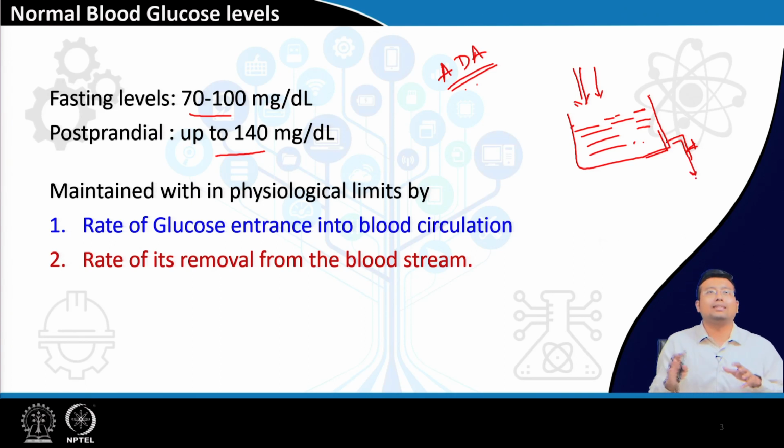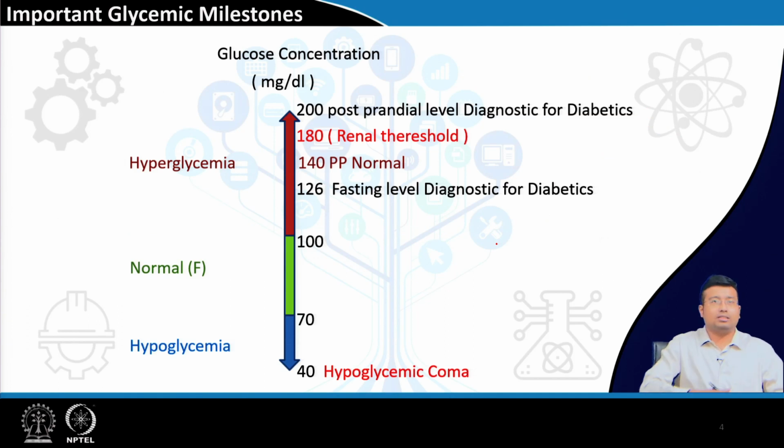So, if these two rates are the same, then the level of water will be the same. The same analogy can be expressed in terms of glucose concentration. The rate of entrance of glucose into the blood circulation and the rate of removal of glucose from the bloodstream will determine whether the level of blood glucose can or cannot be maintained in the circulation, right.